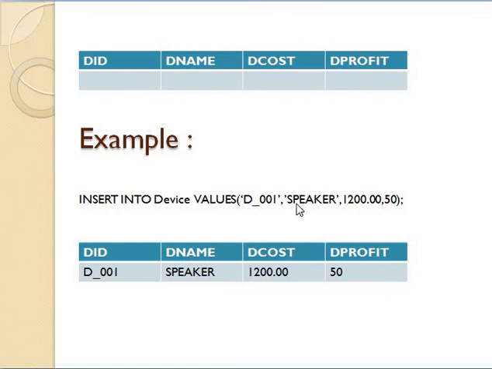And just after inserting these values, end the insert statement with a semicolon. Once this statement gets executed, you will see that the table device, which was initially empty, now contains the data d_001 for did, speaker for dname, 1200.00 for dcost, and 50 for dprofit.